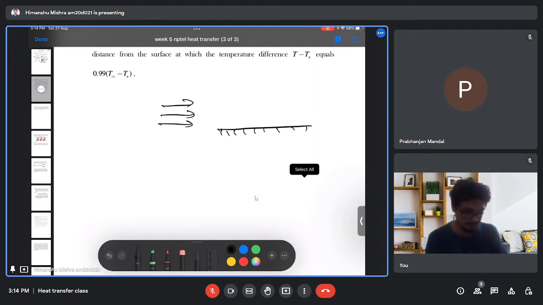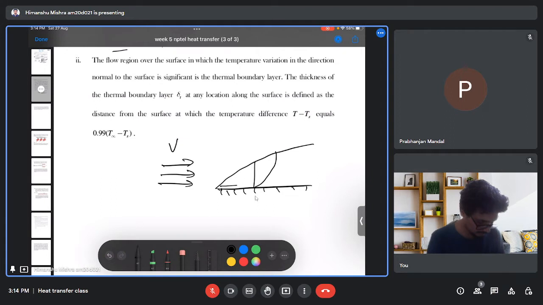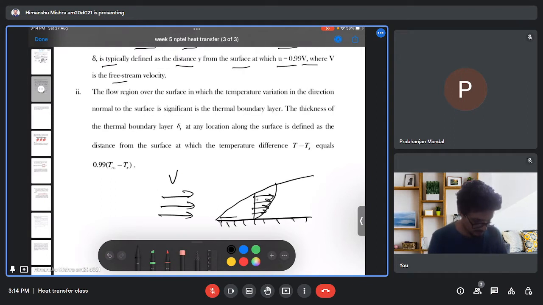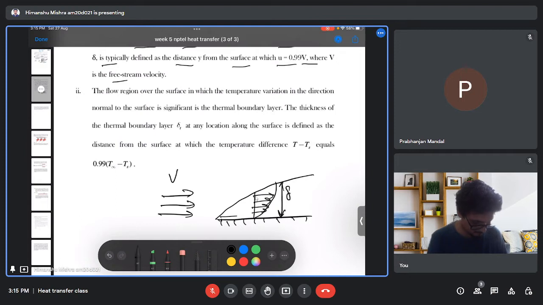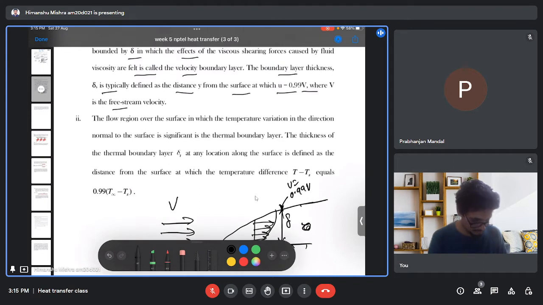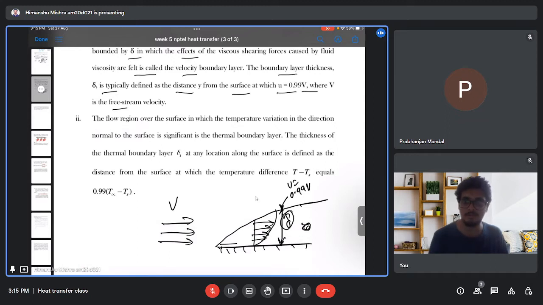Now as this flow which has the velocity V moves past this flat surface, it creates the boundary layer, some boundary layer here, and let's say this distance is my delta, and the velocity here is 0.99 V. Inside this region there will be the viscous effect which will be felt by this flow, and this distance delta is known as the boundary layer thickness. So this is the correct option. It's a basic concept in the boundary layer theory.